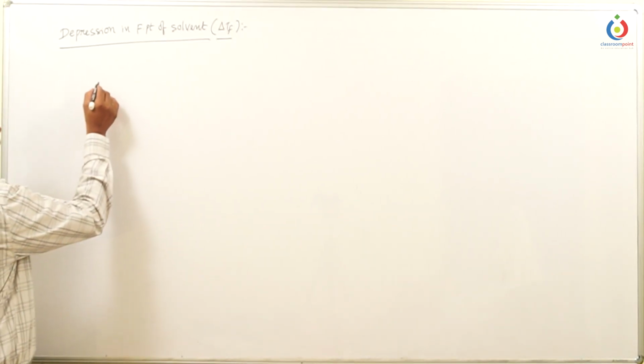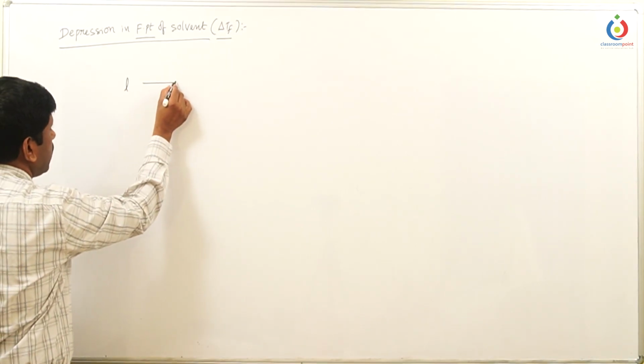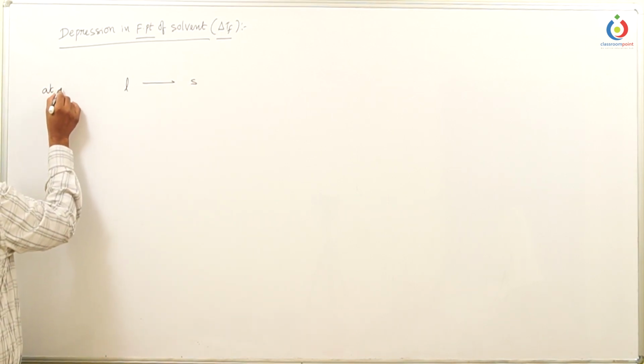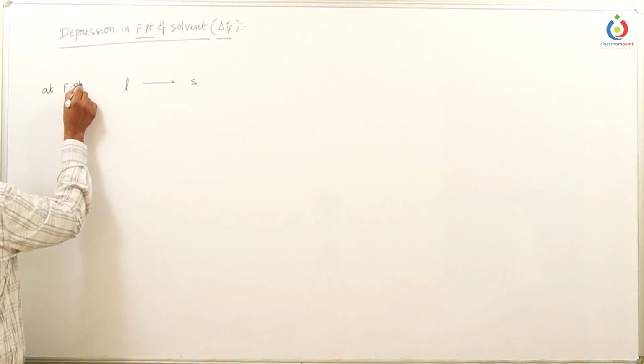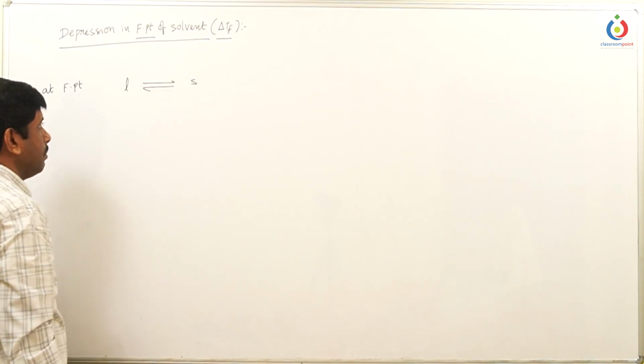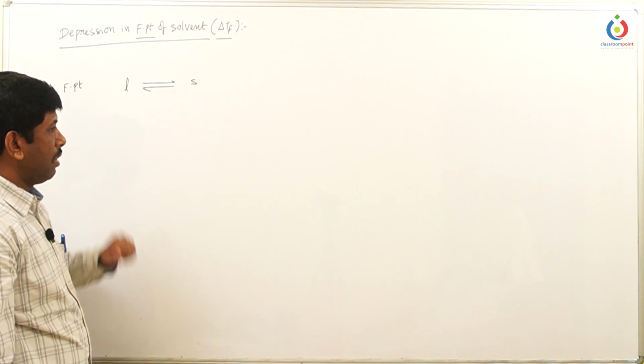We know that the freezing process is nothing but a liquid converting into a solid. But exactly at the freezing point, both liquid and solid are in equilibrium. Liquid exists as well as solid exists.